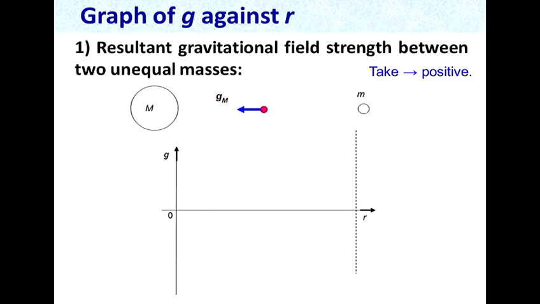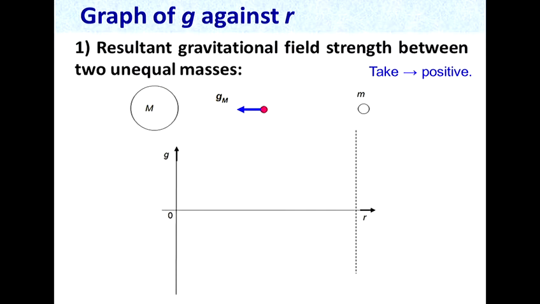Towards big M. So the gravitational field strength, I call it g subscript big M, is towards the left. So what can we say about the sign of this g? Would it be a positive g or a negative g? Negative, because we have taken right to be positive. So the G field strength due to big M at this point will be negative.